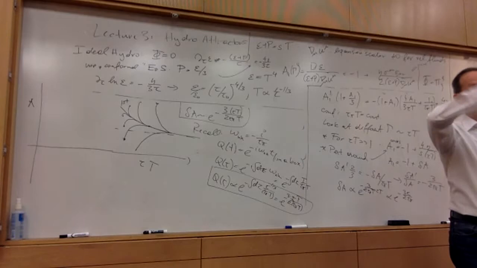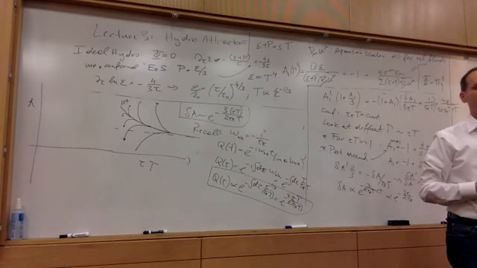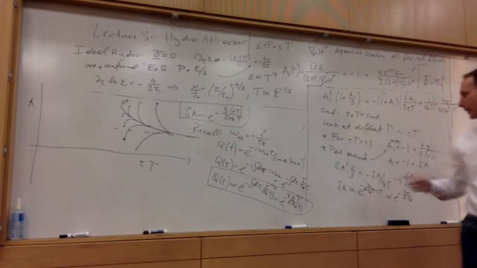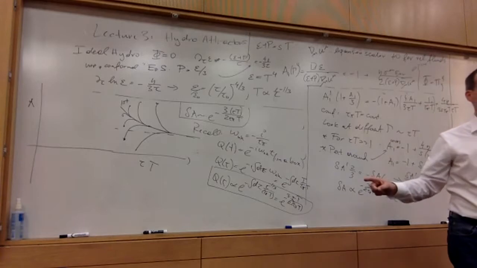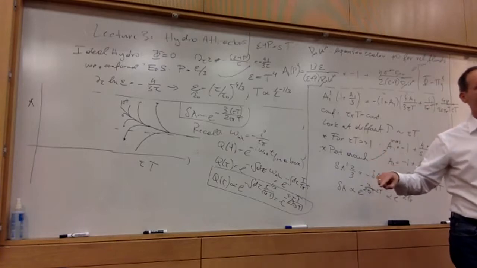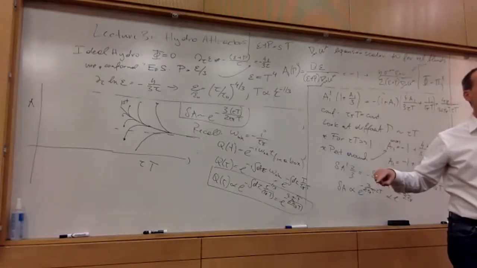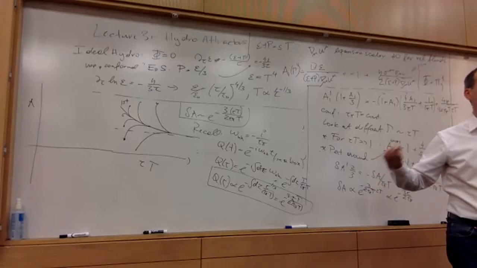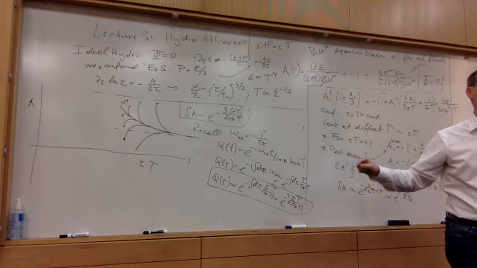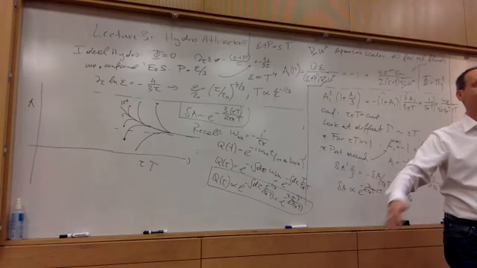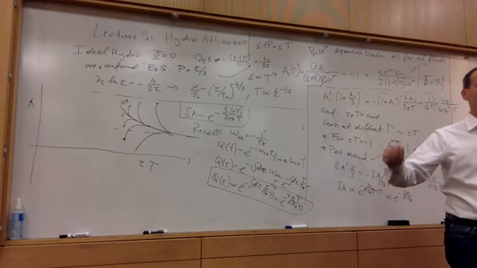It oscillates around the attractor, and you can find the matching between the approach to the attractor and the quasinormal modes of the corresponding non-hydro modes to seven digits. And you can find not only the first one, you can find the first eight. There are an infinite number of non-hydrodynamic modes.